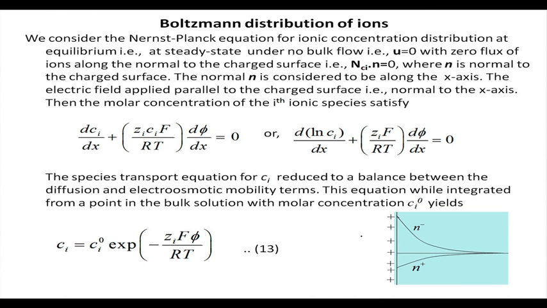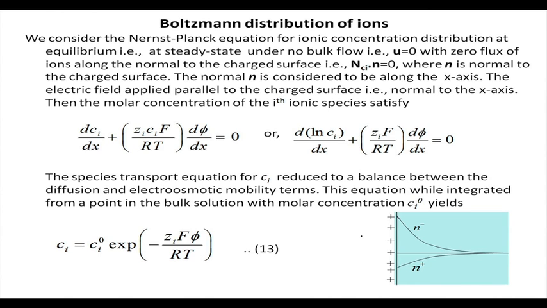Okay. So, that means if I have, the normal direction we are considering is the x direction here, and this is the plane x equal to 0, say. So, this is a surface.